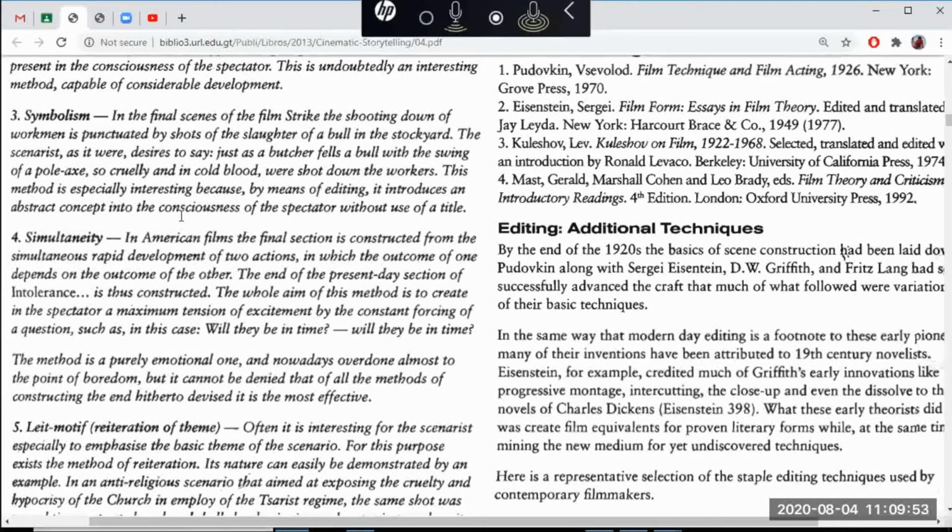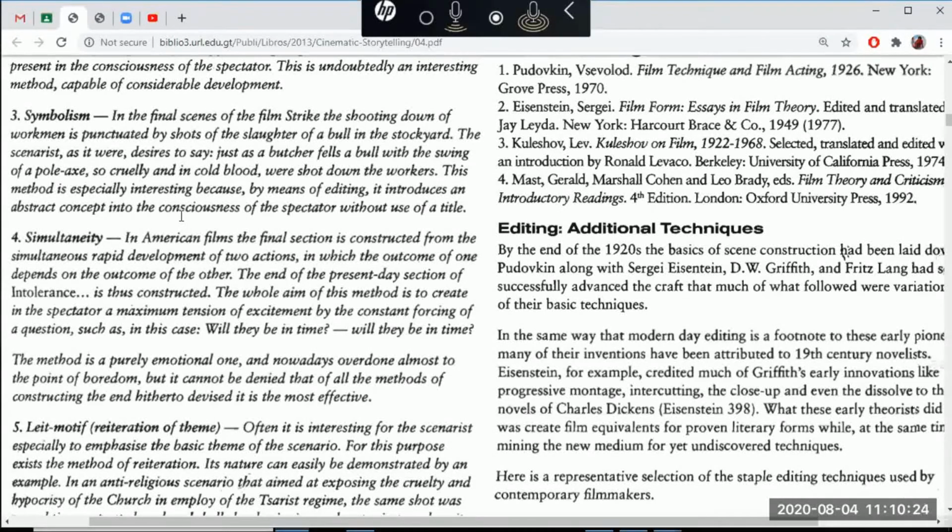So I believe you understand why it is saying abstract concept, because the film is not saying in words that slaughter, animal slaughter or manslaughter or butchering is similar. He doesn't say it in words, but you see through the images that there is no difference between the two.